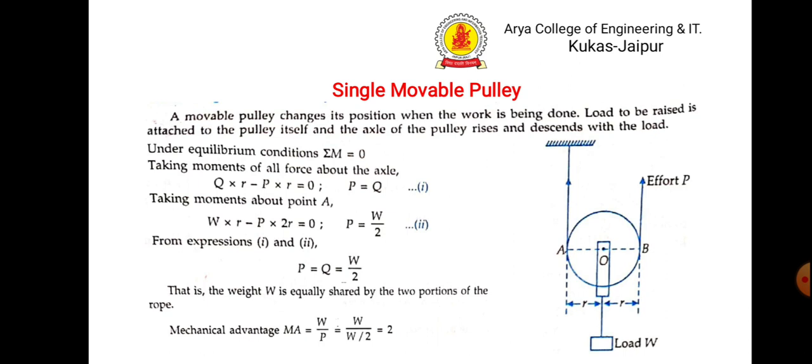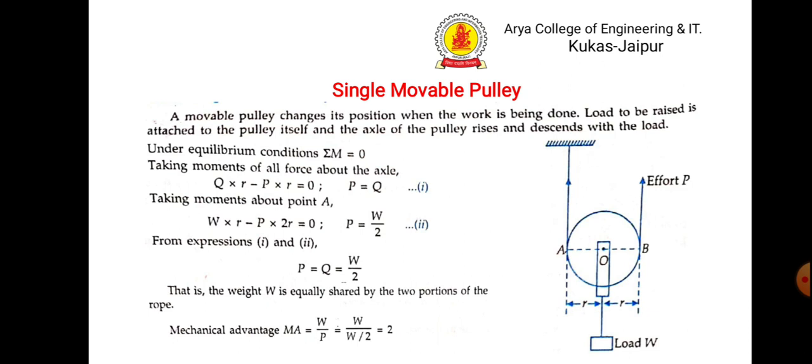Now the movable pulley. In this, the pulley changes its position when work is being done. So the load to be raised is attached to the pulley itself, and the axle of the pulley rises and descends with the load. So under the equilibrium condition, if I take the moment about the center, it is P into R minus Q into R equals 0.